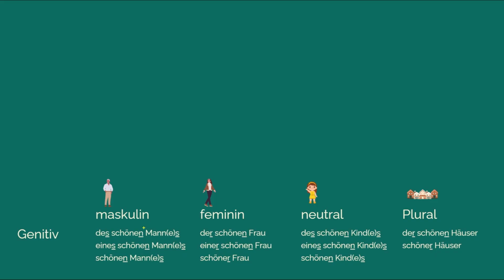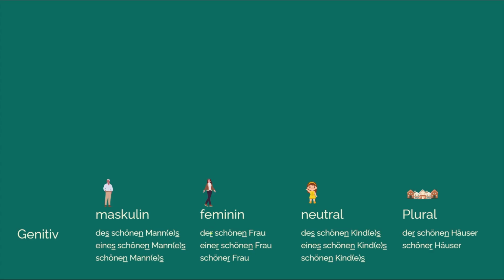And something surprising happens. The noun changes again, which kind of rarely happens. We saw it for the dative plural, and now we also see it for the genitive masculine and the genitive neutral. Here, the article gets an S, but also the noun gets an S. Des schönen Mannes, des schönen Kindes.